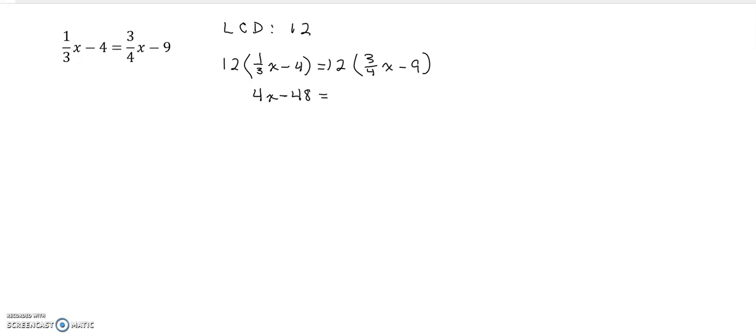And then here, 12 times 3/4. Well, let's look at that real quick. 12 can be written as 12 over 1 times 3/4. We can do this two ways. Multiply straight across on the numerators, and we get 36 over 4, which simplified becomes 9 because 36 divided by 4 is 9.